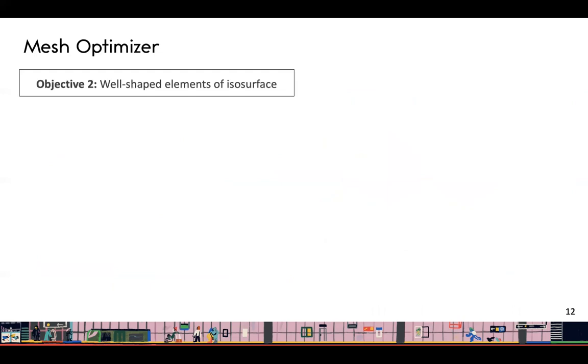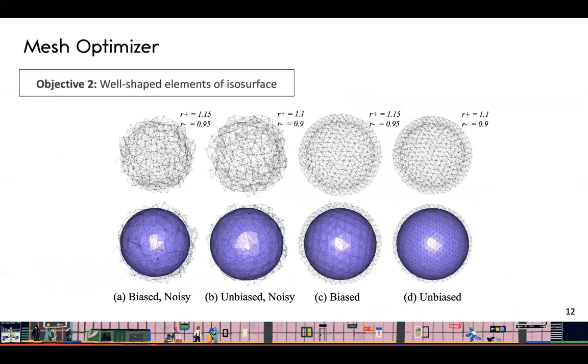The second objective of the optimizer is to produce well-shaped elements for the isosurface. Here we show 4 triangulations for contouring a unit sphere. The implicit function is computed theoretically for each vertex.